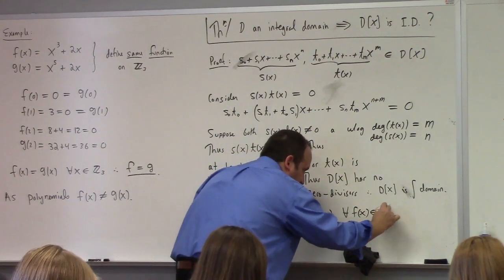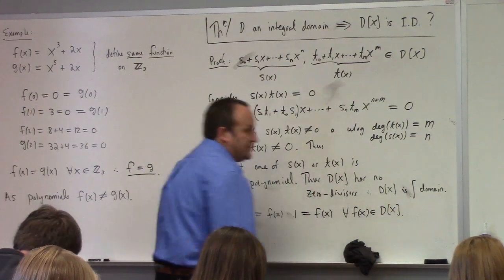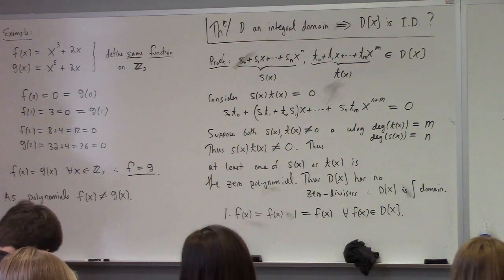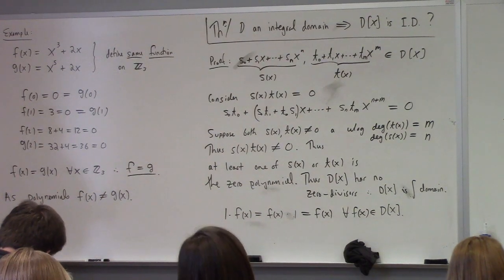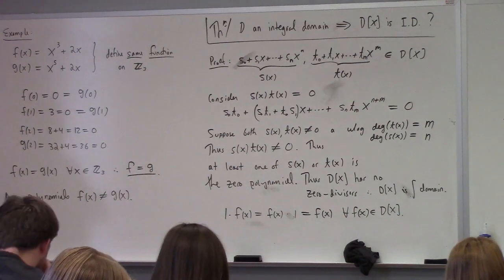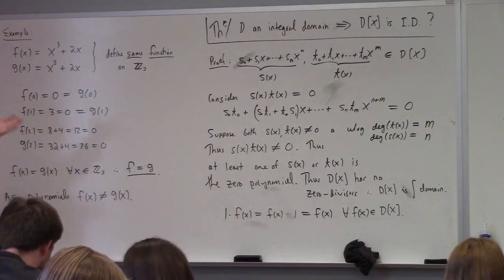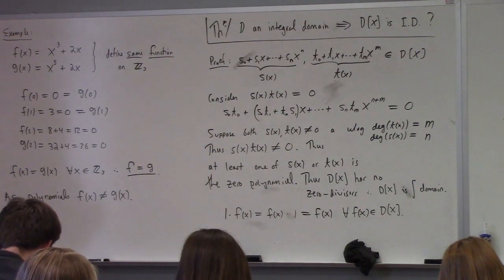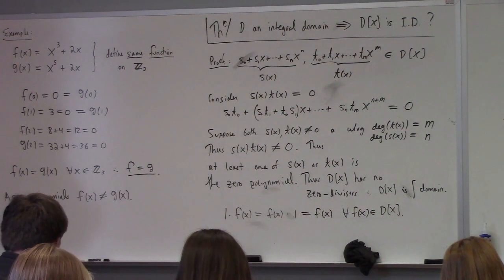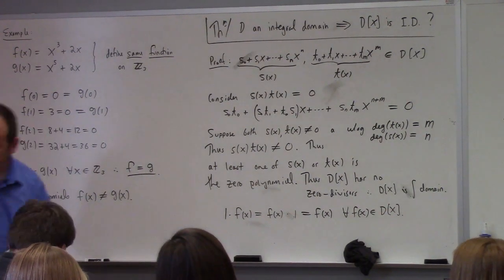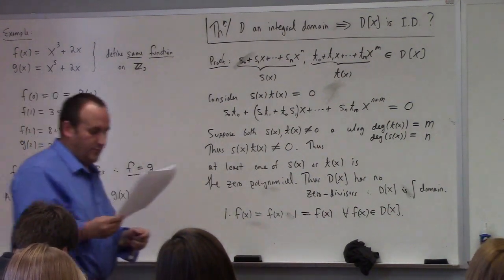So certainly polynomials with coefficients in a ring, if that's a commutative ring with unity, then the polynomials are likewise a commutative ring with unity. Furthermore, if that ring is an integral domain, we just proved that polynomials with coefficients from an integral domain again form an integral domain. Which is nice.